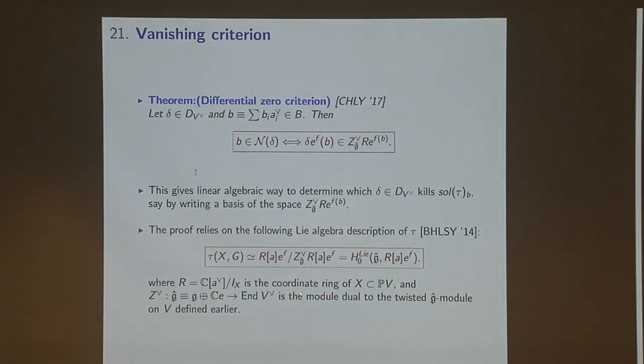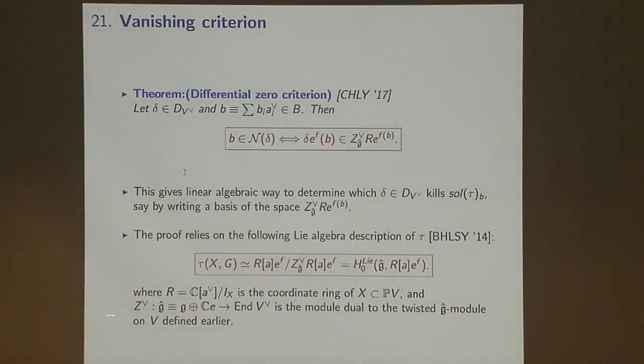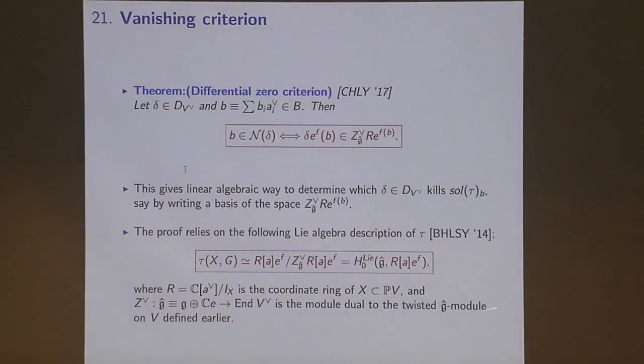So R denotes that ring. And what about Z check? Remember I introduced the module Z earlier on the vector space V. Z check is just the dual module.